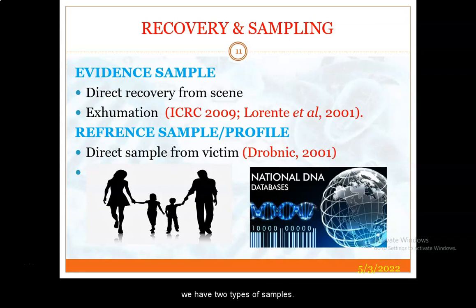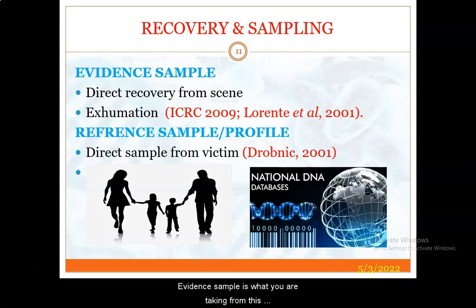We have two types of sample. We have what we call the evidence sample, that is the unknown. If you find a body that has been decomposed beyond recognition, taking a sample from such a body for human identification involves taking the evidence sample and the reference sample.